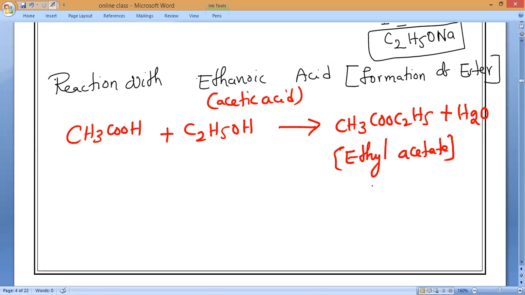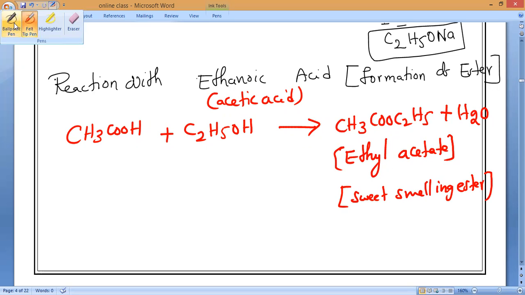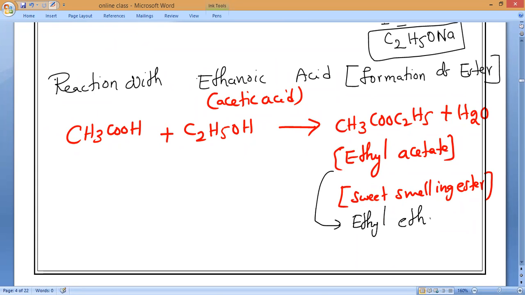Okay, so which is having a sweet smell. That is what we will say, sweet smelling ester. So that is what we used to say, ester formation it is. Sweet smelling ester. Ethyl alcohol, ethyl acetate. Also we can say ethyl ethanoate.